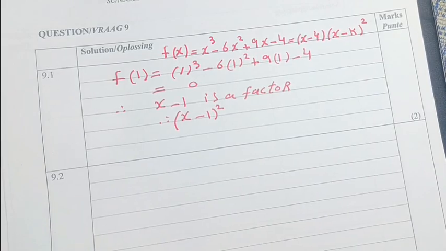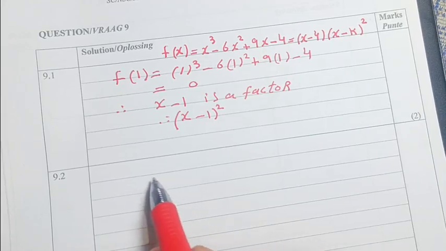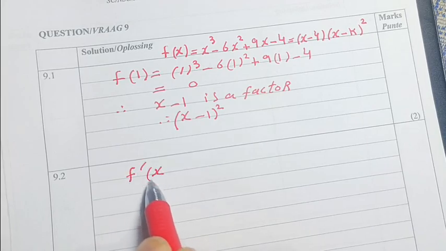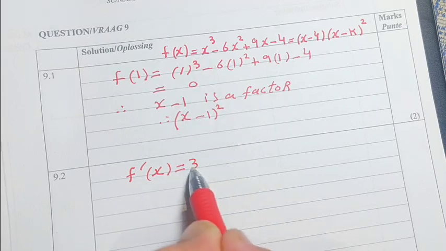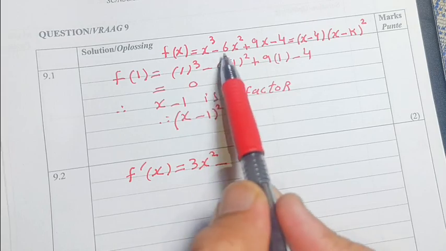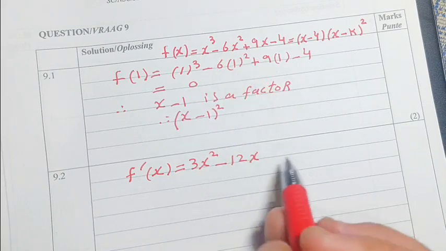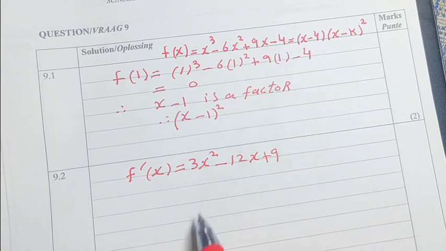Have a look here. The first derivative of f of x is going to be equal to 3x squared minus 2 times 6, which is 12x, plus 9. The derivative of a constant is 0.